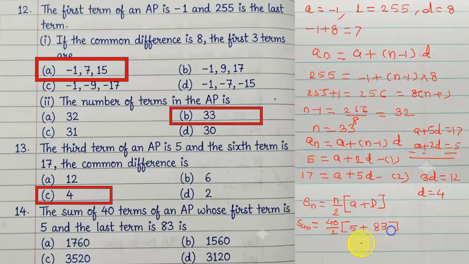Here the simplification: 40 upon 2 into 88. If you divide by 2, you get 20 into 88. After the multiplication, you get 1760. Option A is correct.